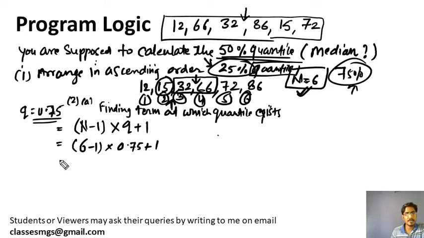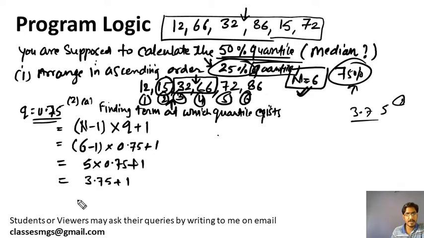Last time it was 0.25. 5 into 0.75 plus 1, if you add and calculate it, what value do you get? Something around 3.75 you will get. 3.75 plus 1 and here it will be 4.75. So the 75th quantile exists at the 4.75th term.